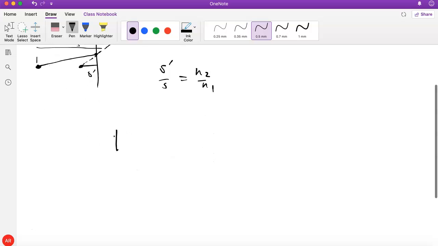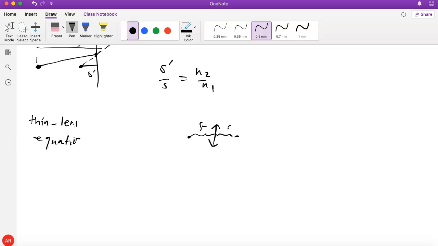We also found the thin lens equation. So for a converging lens with focal length f, if the object is a distance s away from the lens, we get an image on the other side at the distance s prime such that 1 over s plus 1 over s prime is 1 over f.